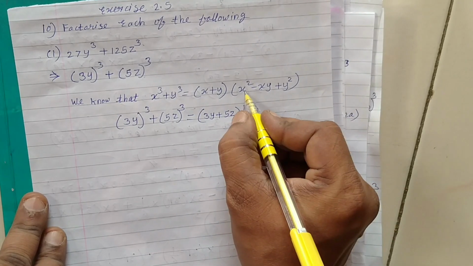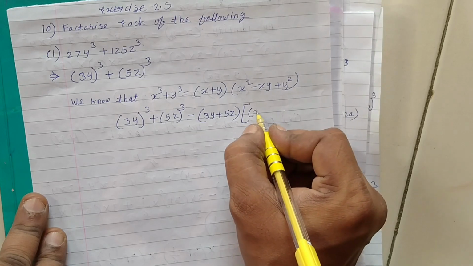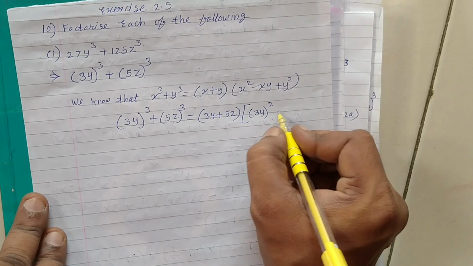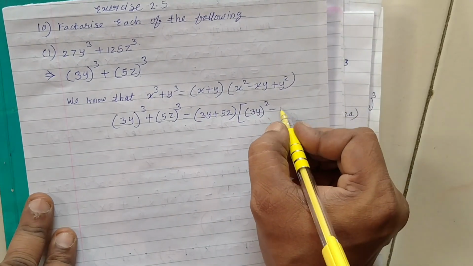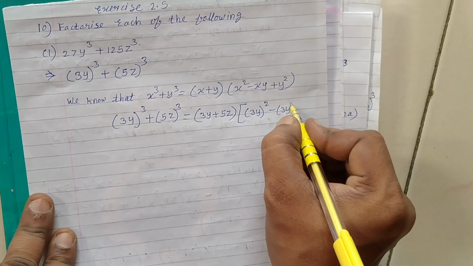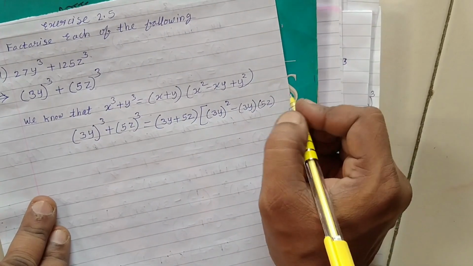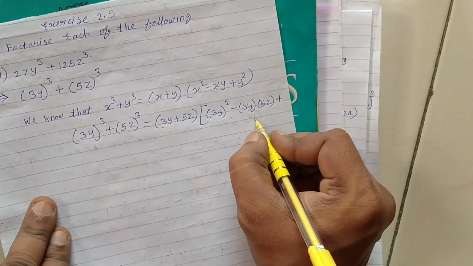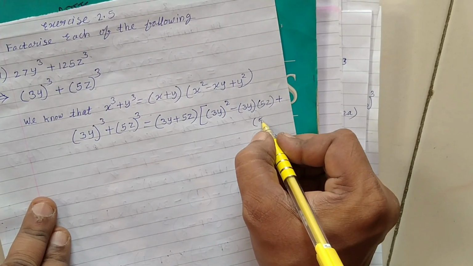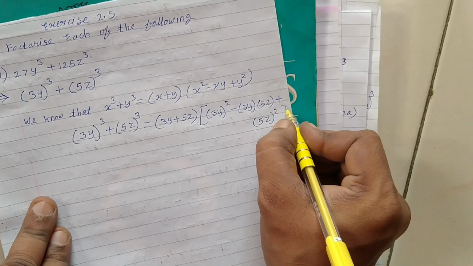then x square. What is x? 3y, means 3y square, minus x into y, that is x is 3y and 5z is y, plus y square. y is 5z, so it will be 5z square.